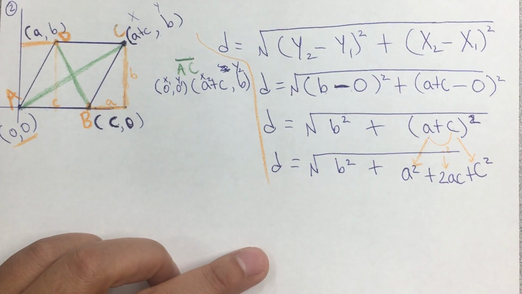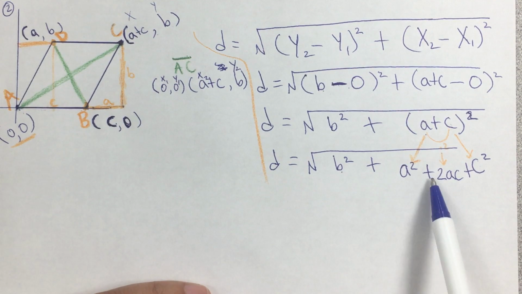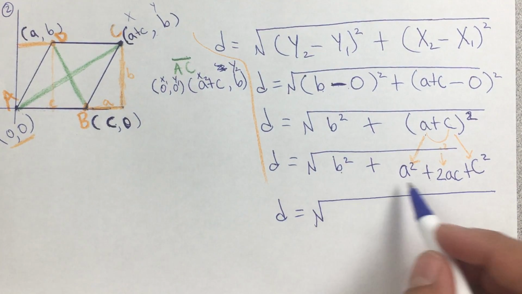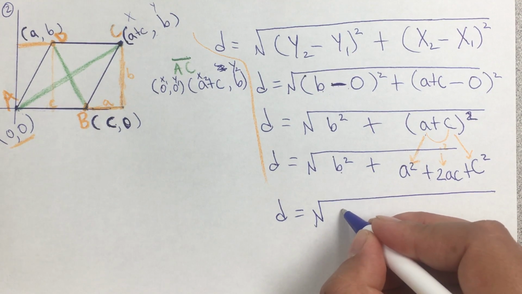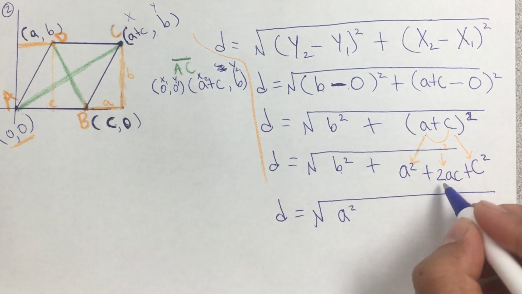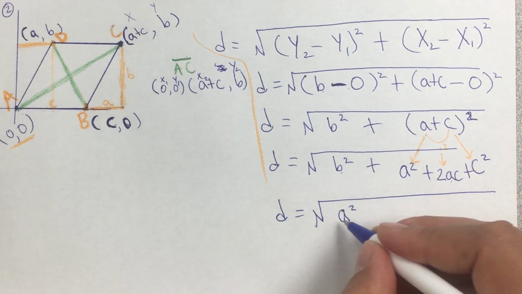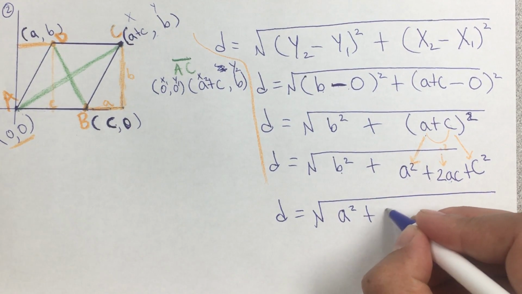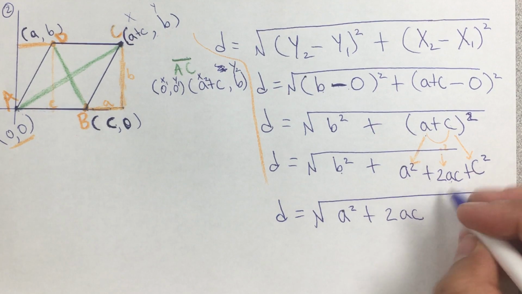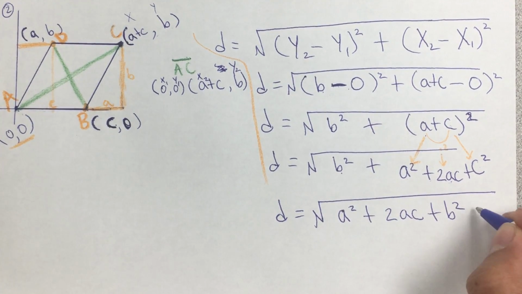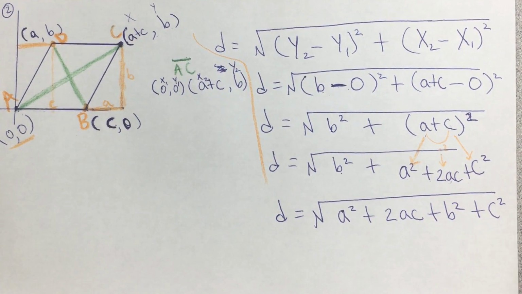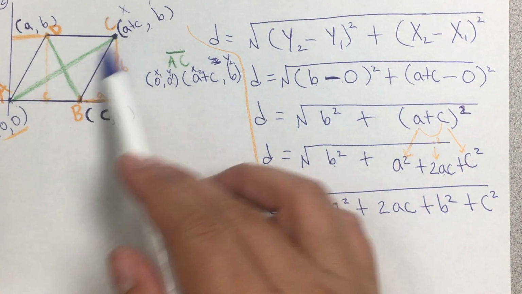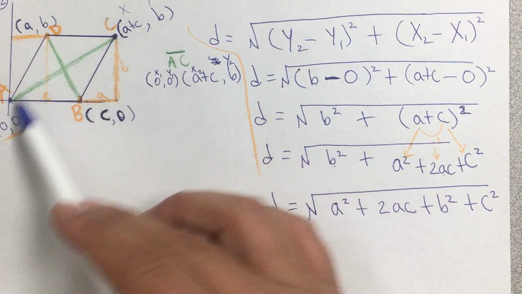Now, there is nothing that can be combined, so I'm just going to arrange it in alphabetical order: A squared plus 2AC plus B squared plus C squared. Okay, so that's one of the diagonals, the distance between these 2 points.